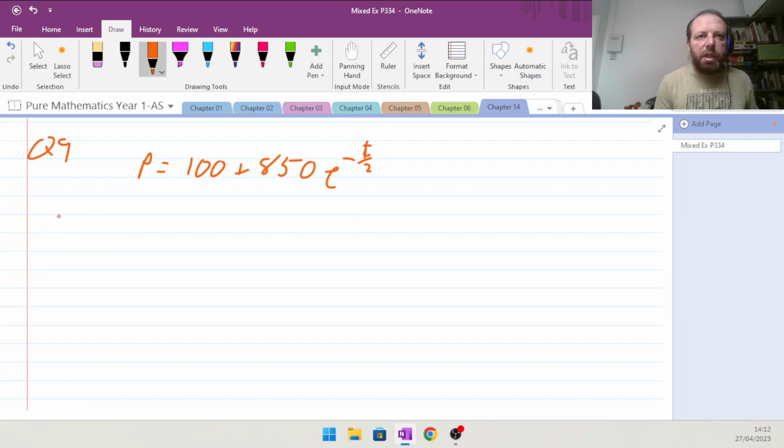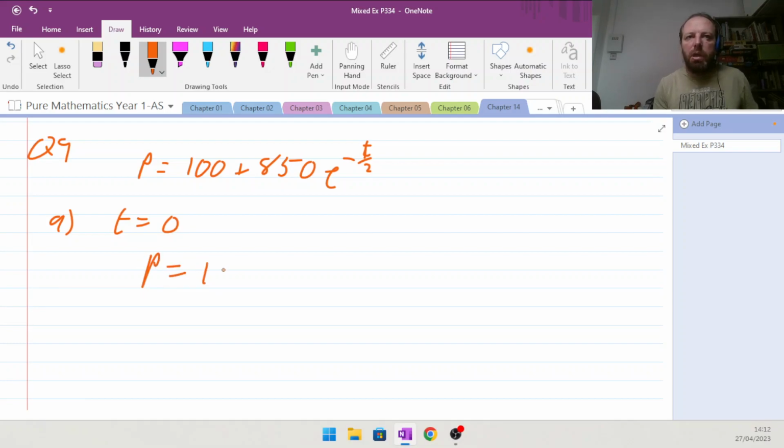So the new price of the system would be when t is equal to 0. So we have P is equal to 100 plus 850 e to the minus 0 over 2. e to the 0 is 1. 850 plus 100, 950 pounds.